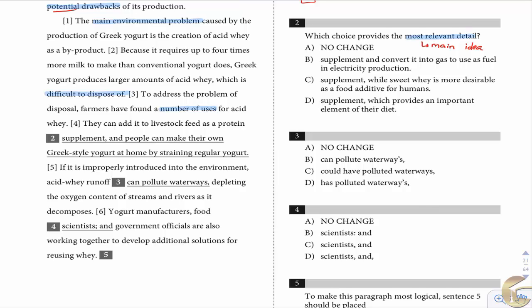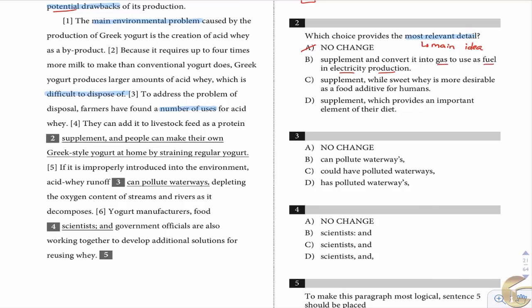Again, that has nothing to do with the paragraph or environment or anything of that nature. So A is going to be incorrect. B says they can add it as a protein supplement and convert it into gas to use as fuel in electricity production. So that would probably help the environment. So I would keep that one.